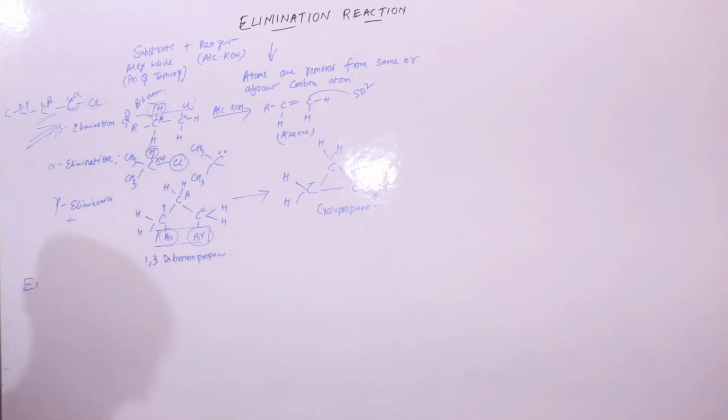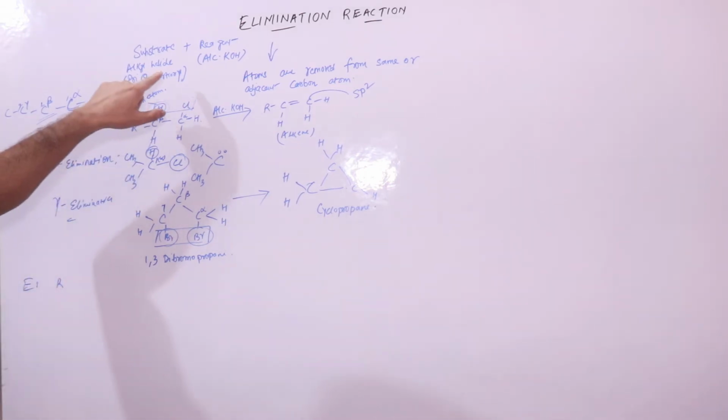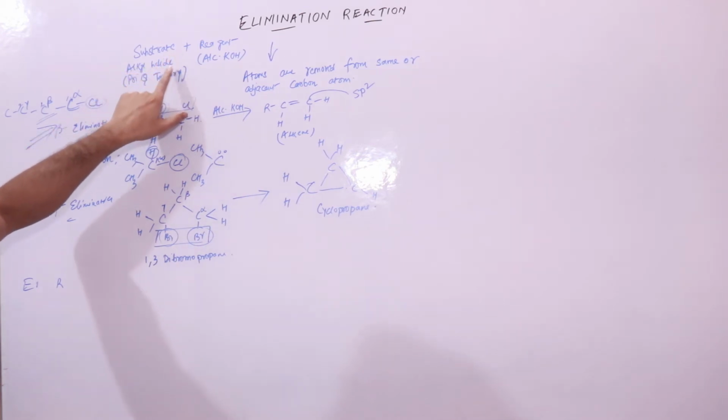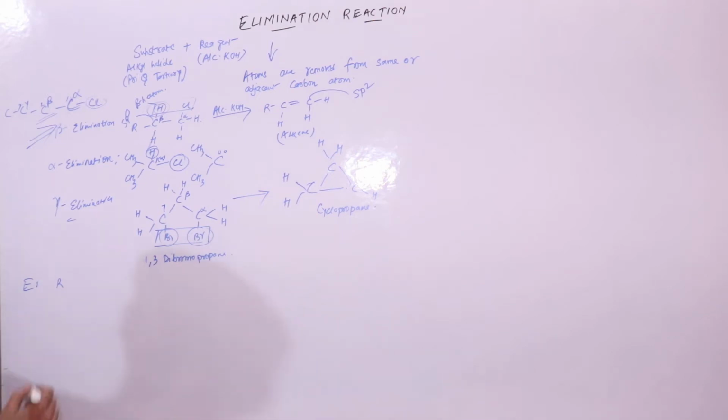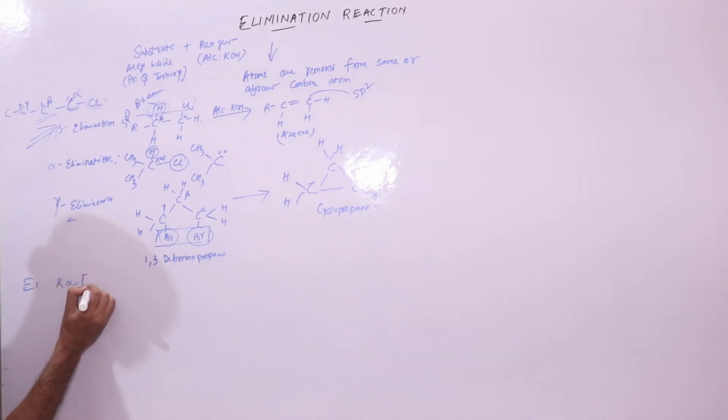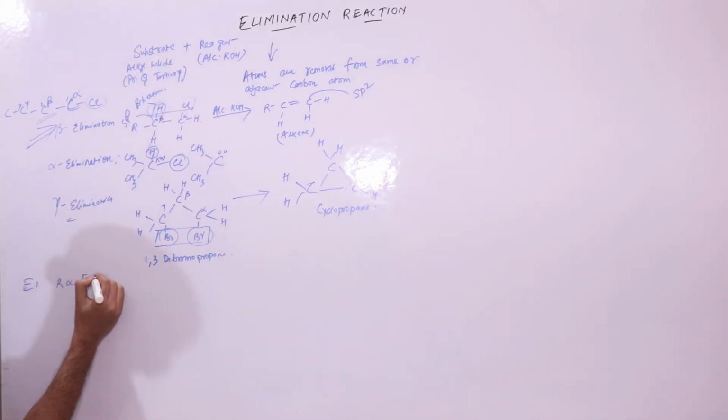Let's first take E1, elimination unimolecular. Since in elimination reactions we have a substrate which is an alkyl halide and a reagent, in E1 the rate of reaction depends on your substrate molecule only.